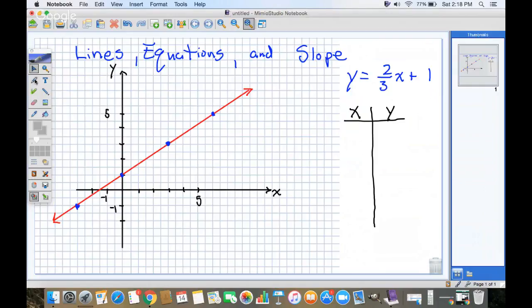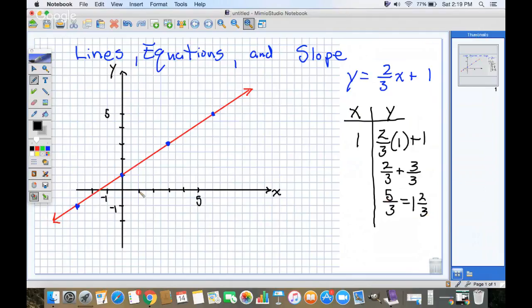For example, if I plug in 1 for x here, then I'm going to get 2/3 times 1 plus 1. Well, that's just going to be 2/3 plus 1. I could say 1 is 3/3, so then I get y is 5/3. 3 goes into 5 once with 2 left over, so that's 1 2/3.